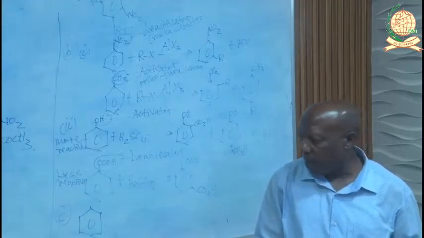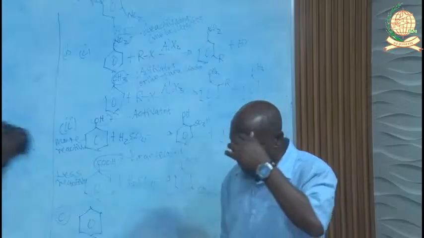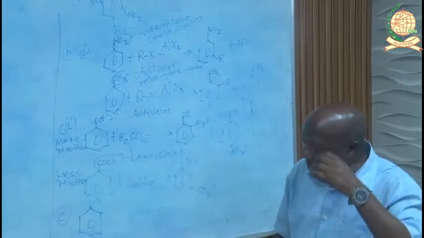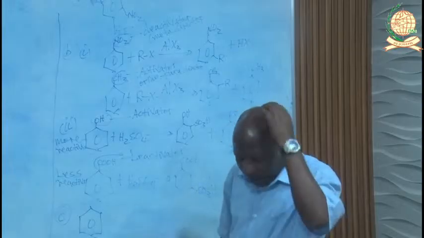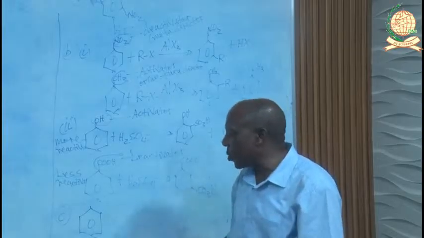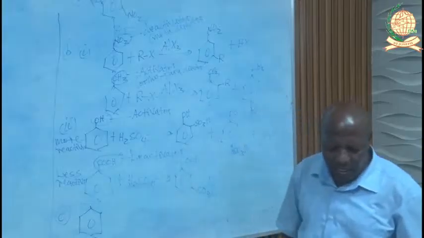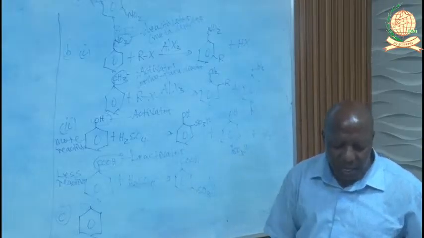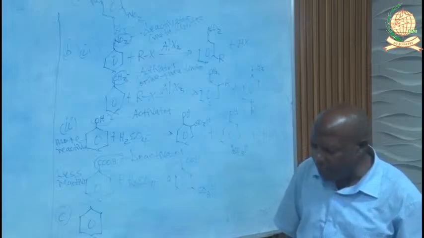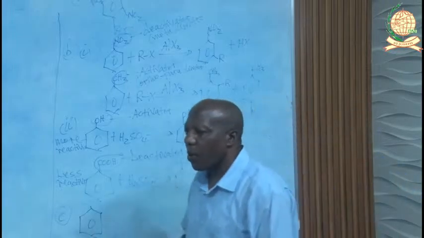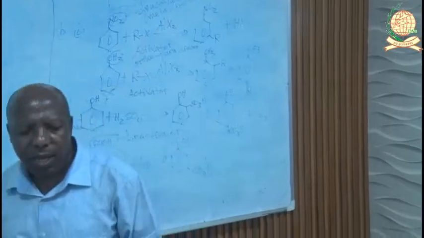Now methyl benzene can be obtained by the reaction between benzene and methyl halide in the presence of a Lewis acid.